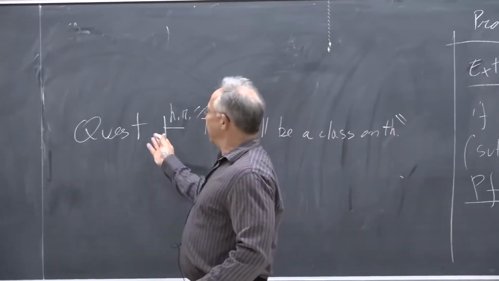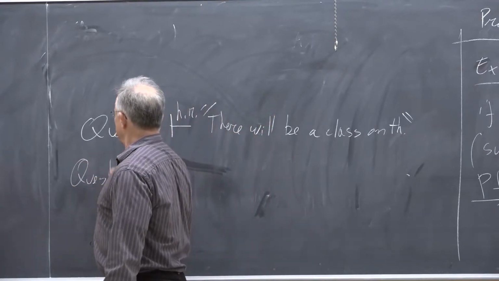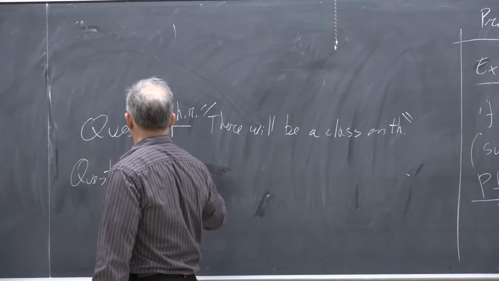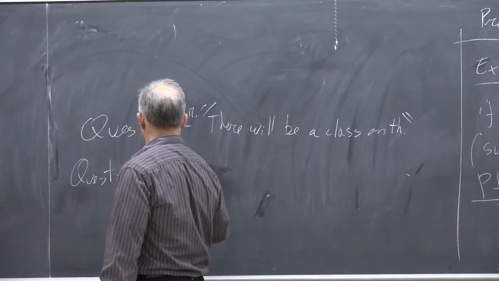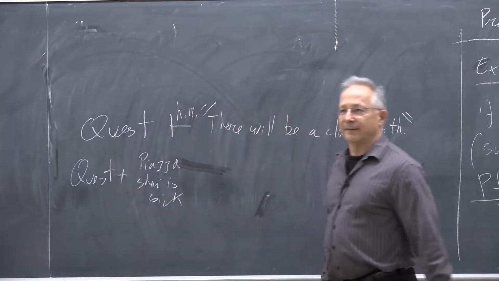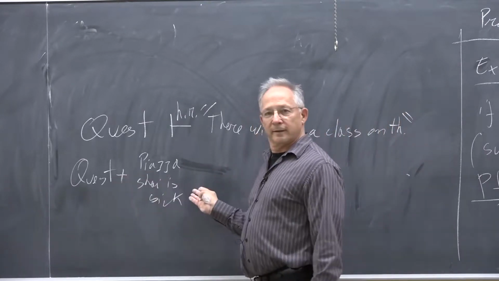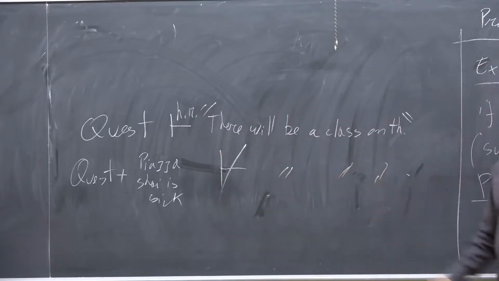But now I will add more information. Assume that on top of Quest, you also see on Piazza that Shai is sick. You have an announcement, I'm sick. Now you have more assumptions. But now suddenly, you will not conclude that there is a class on Thursday. So you got more assumptions, but one of the conclusions that you had before suddenly disappeared.